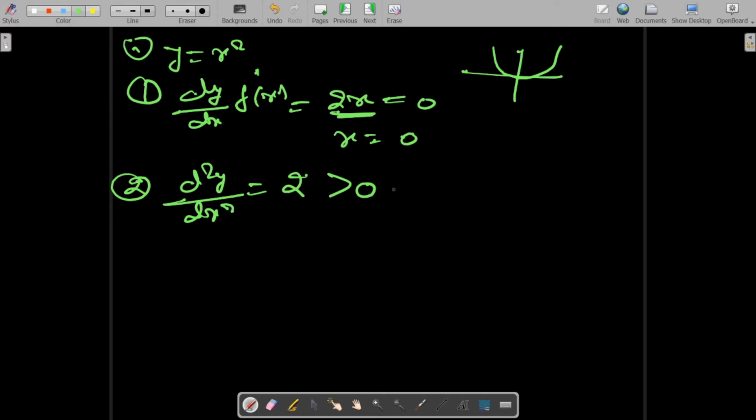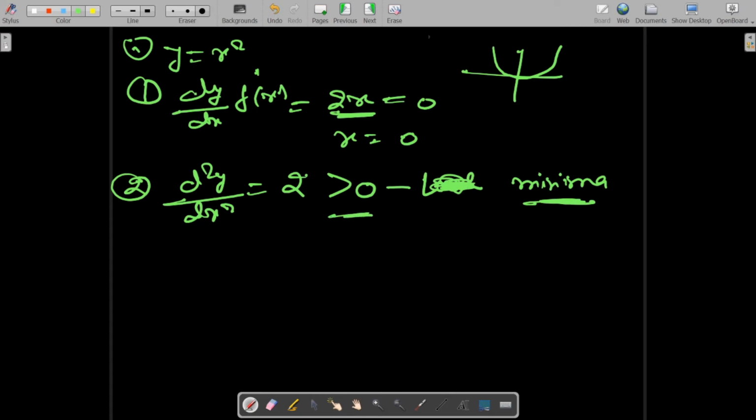As you have seen in the last flow diagram, that is a local minima, or it could be a global minima also. That point would be a minimum point, and you can see that is the minimum point it has given.